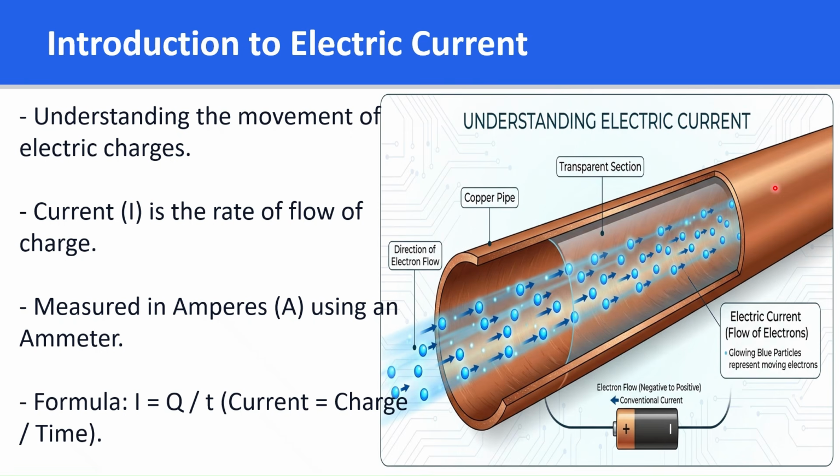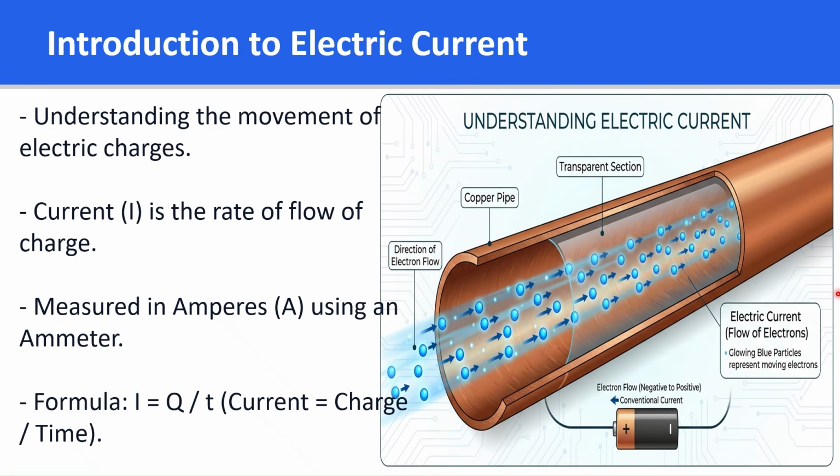We define electric current, denoted by I. The symbol of current is a capital I. Current is the rate of flow of charge. If more charges pass by in 1 second, the current is higher.